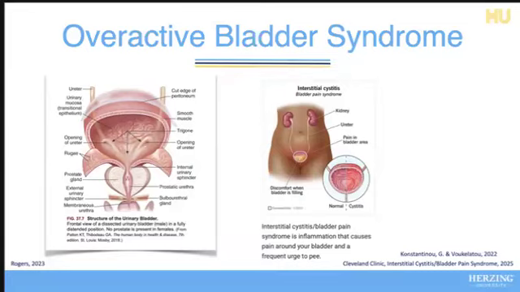IC or BPS is thought to involve disruption of the GAG layer that protects the bladder mucosa. The inflammatory process in IC involves mast cell activation, which contributes to neurogenic inflammation and pain signaling through the release of inflammatory mediators like histamine, leukotrienes, and cytokines.